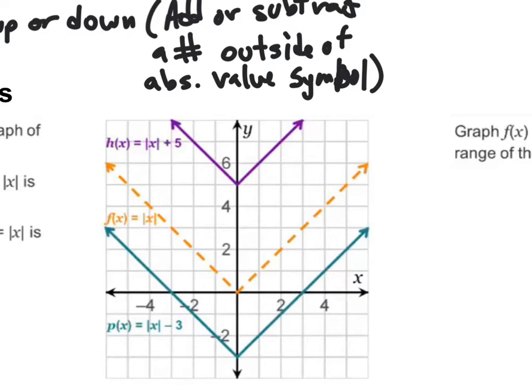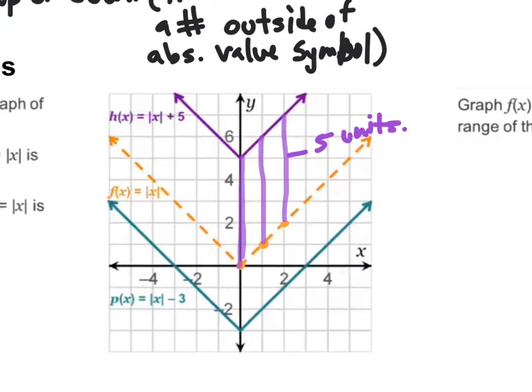We've taken all these points, 0, 0, 1, 1, 2, 2, and moved them up 5 units.